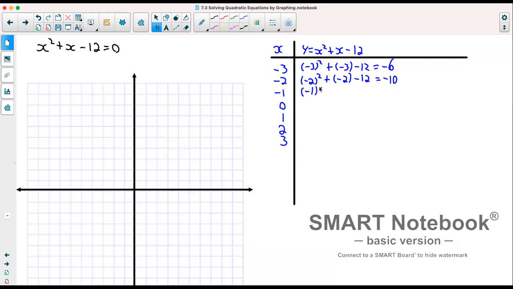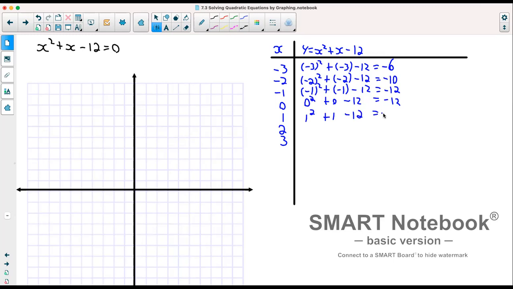Then we have -1 squared plus -1 minus 12. -1 squared is 1, minus 1 cancels to 0. So we've got -12. Next, we have 0 squared plus 0 minus 12. So that gives us -12. Next, we have 1 squared plus 1 minus 12.